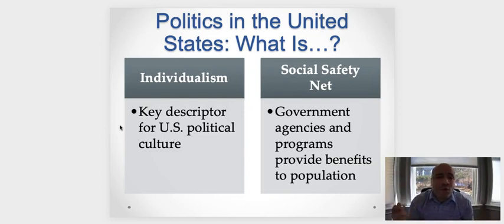And when people vote this way, which many people do, it has profound impacts on our society, on who our elected leaders are, and what they do once they're in office. So this idea of individualism as opposed to collectivism is a key feature of United States politics, right?